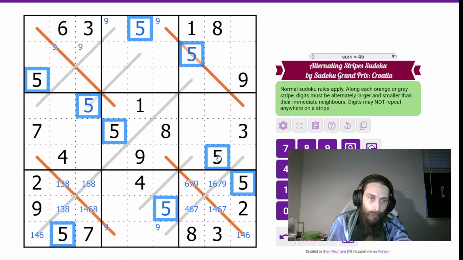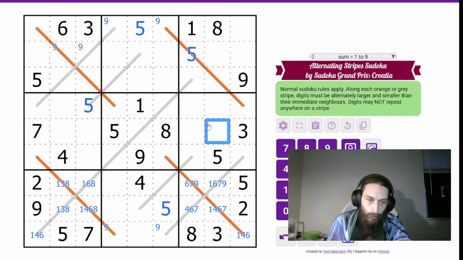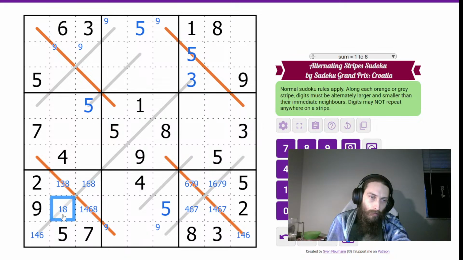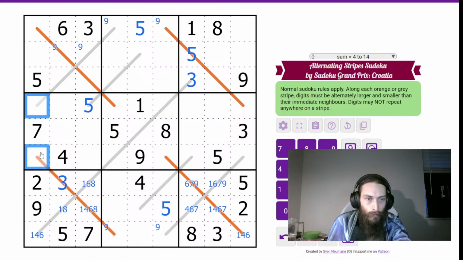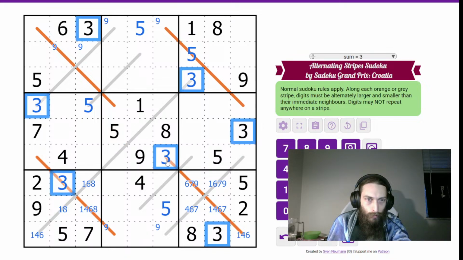Right. And that's all the 5s. Yeah. 3 can be placed in box 3. So I'm going to take 3 out of here. So that places 3 in box 7. Oh, it does. And then it can't be here again, so that's a 3. And then it can't be there, so this is a 3.